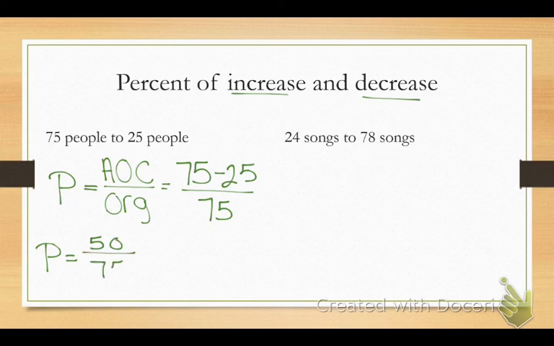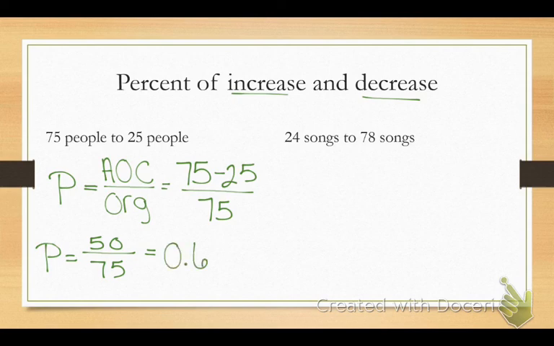Now, if this is the first thing that you write, that's okay with me, all right? But I must at least, at the bare minimum, see this. So if you subtract them in your head, you know it's the difference, and you write 50 over 75, that's okay. And then we're going to change that to a decimal, which I believe is a repeating decimal.